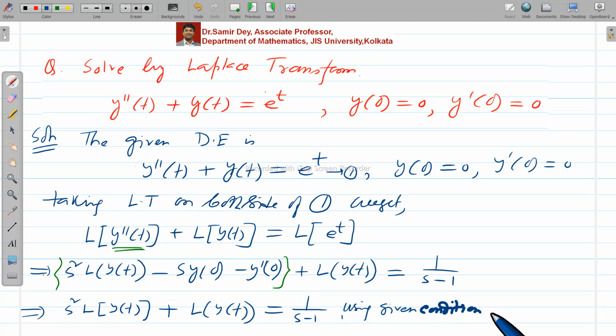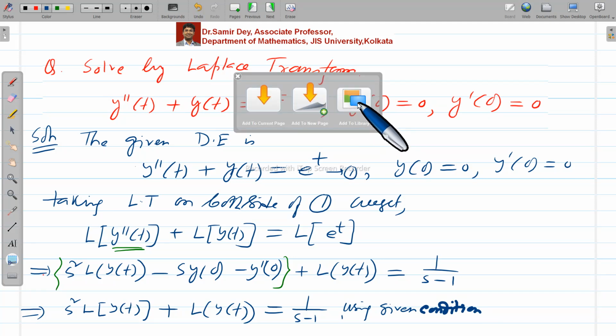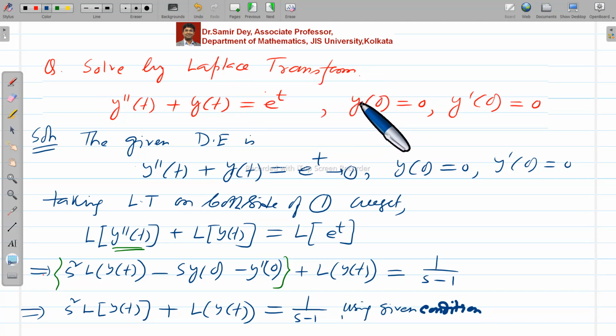Okay, is it clear? Now try to understand the second. Clear to all of you? Here we have considered the given information y0 is equal to 0 and y dash 0 equal to 0. So this part will be 0, this part will be 0. So ultimately it is coming first and second.